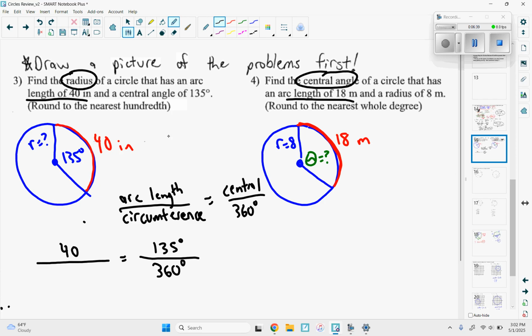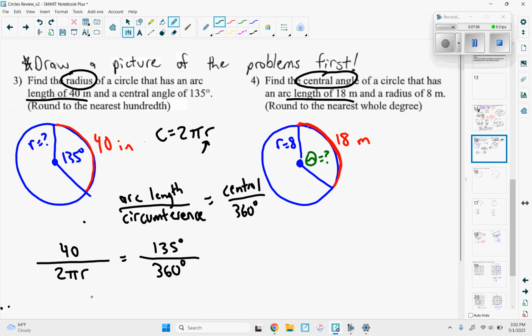So what I know is circumference equals 2 pi r, and circumference has the radius in it. So when I put this formula here for circumference, you'll notice the only variable that we don't know in the proportion now is r. So we can solve this proportion for r, the radius.